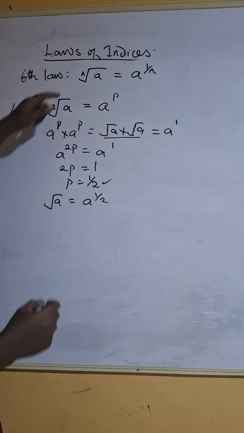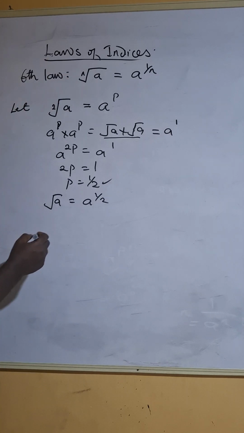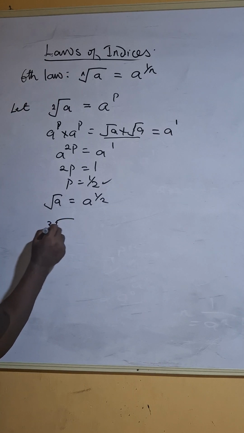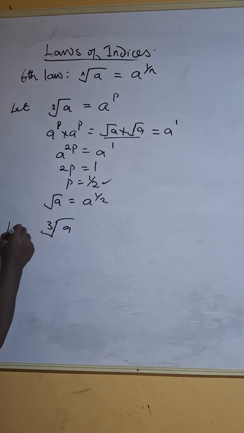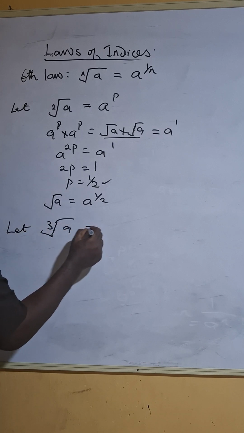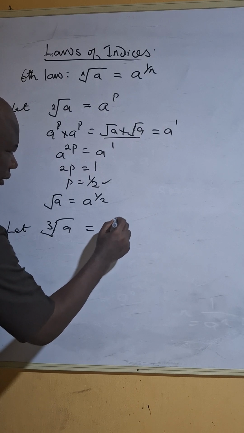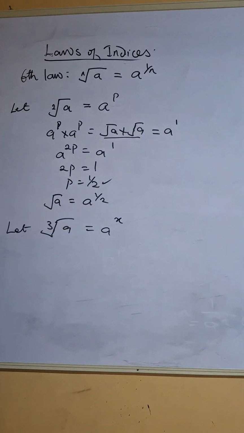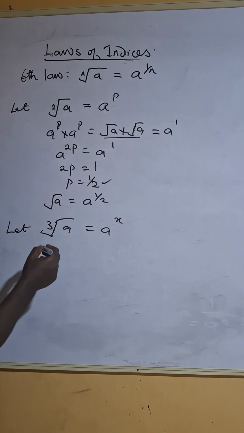Let's quickly do the same thing for cube root. Cube root of a. Let cube root of a equal a raised to power, let's say, x. Let's see what the x will give us.